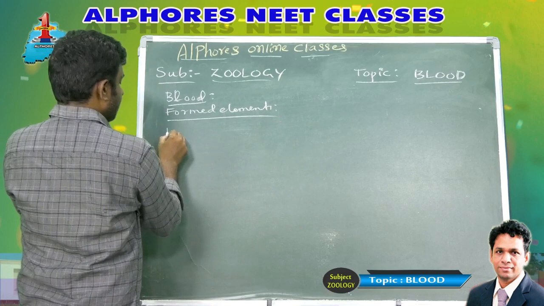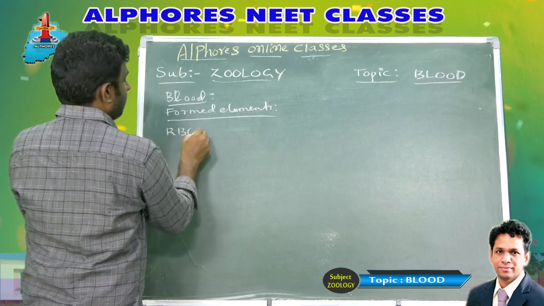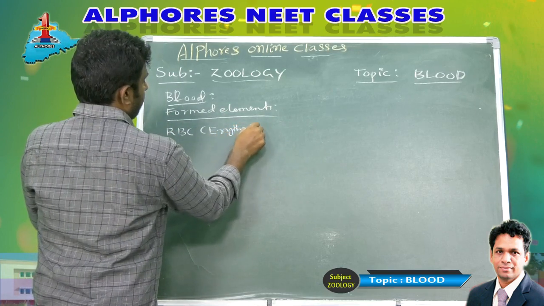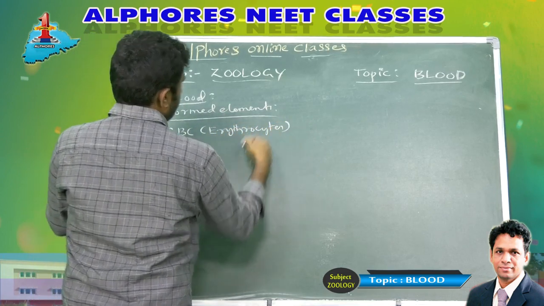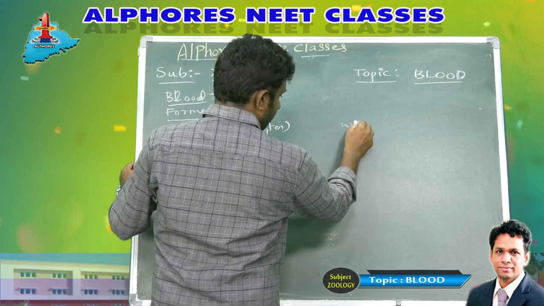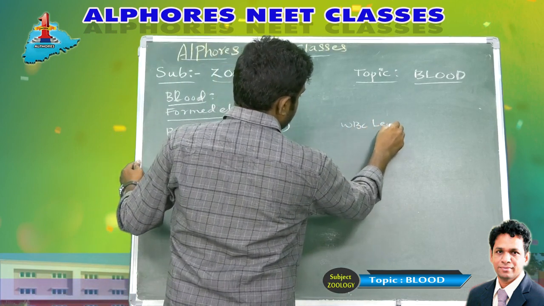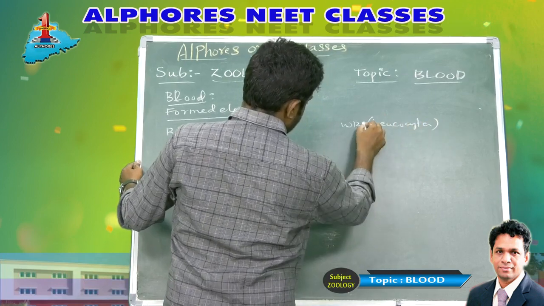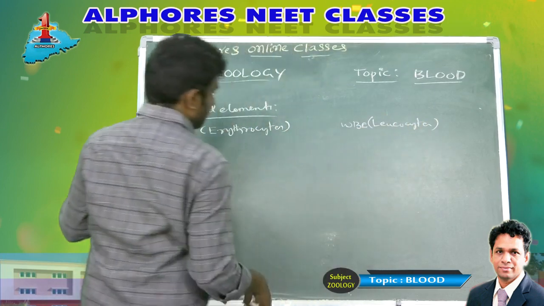So blood cells are RBC or erythrocytes, WBC also called leukocytes, and platelets are also present.